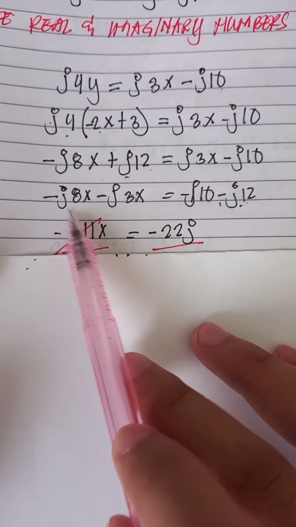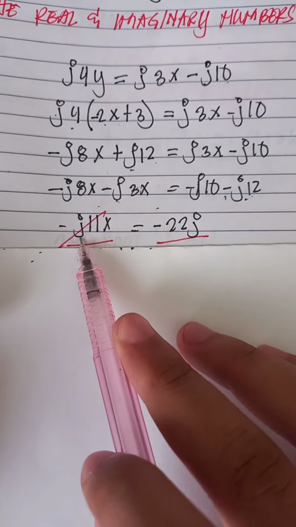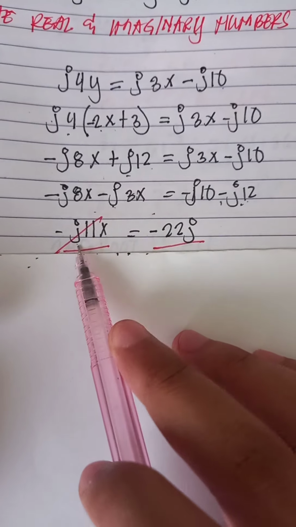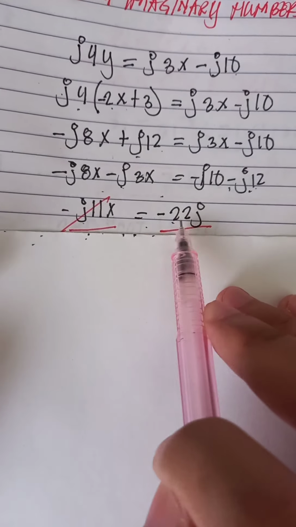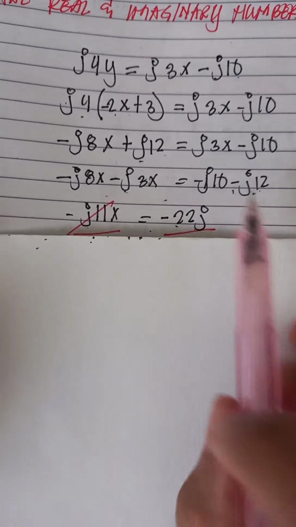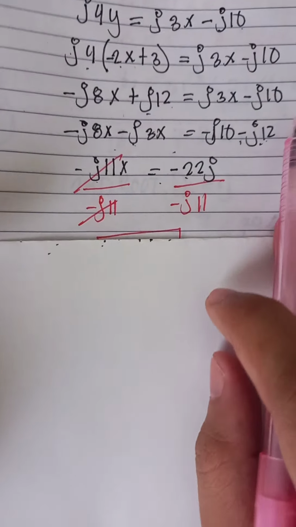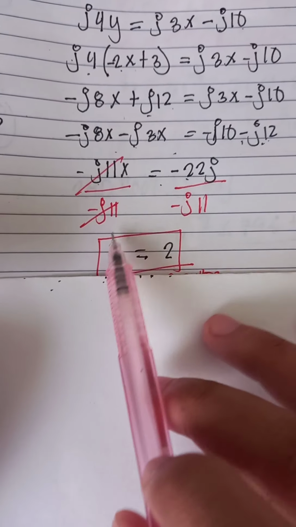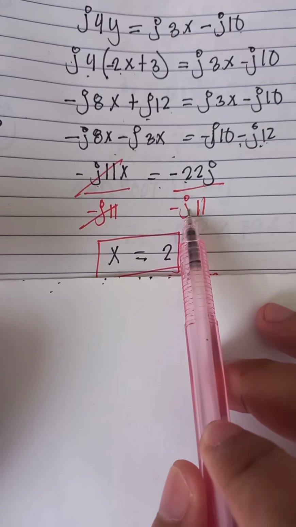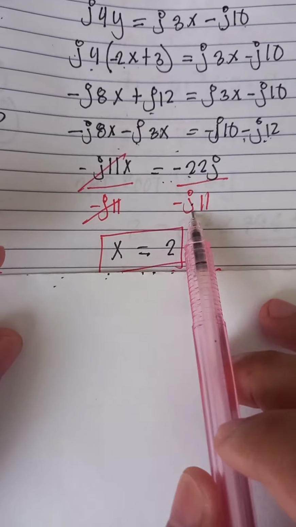So negative 8jx minus j3x is equal to negative j11x, equal to negative 22j. So we have to get the value of x. Negative j11 over negative j11 is equal to negative 22j over negative 22j.